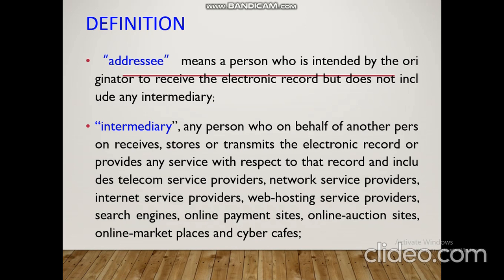So these are all intermediaries. That means it is a mediator between the two persons, that may be the originator and the addressee.